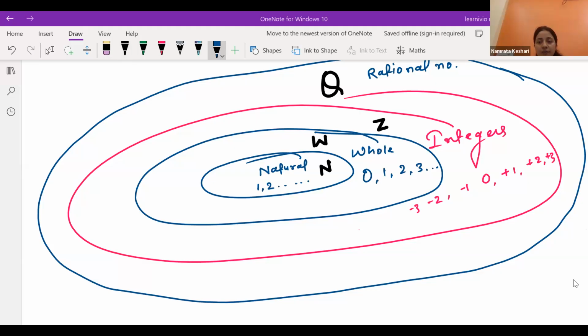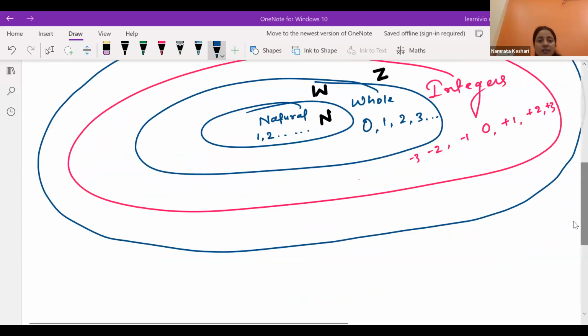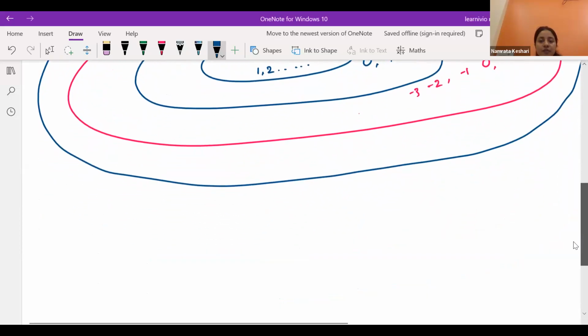Let's continue. So we are saying all these numbers, natural number, whole number, integer, are rational numbers, and you know that, right, Afia and Aleph? Yes, ma'am. Now irrational numbers are just aloof.